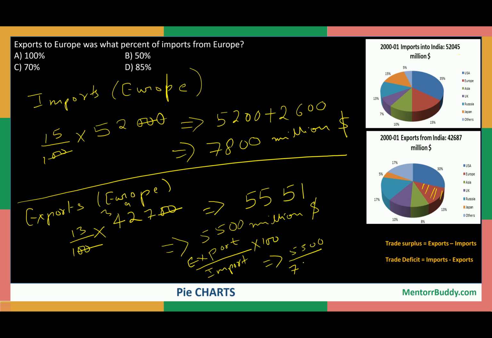So it will become 7800 multiplied by 100, right? So this we can cancel out, and we can take it as approximate value as 80, right? So find it quickly, find the answer.